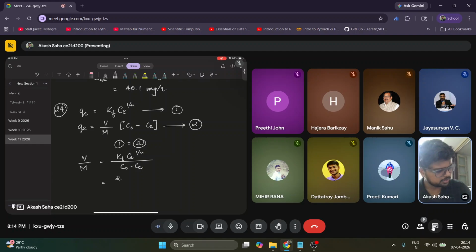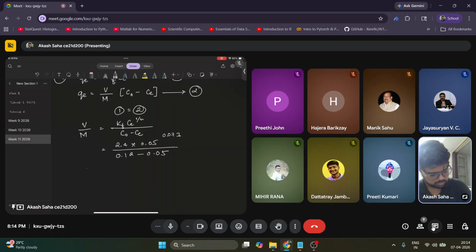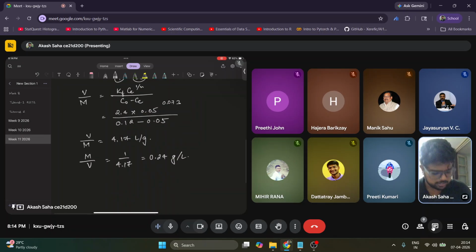So you can just put in the values. You'll get V by M somewhere around liter per gram, or M by V, the mass per volume, just the opposite of it, 0.24 gram per liter. So directly you got the gram per liter.